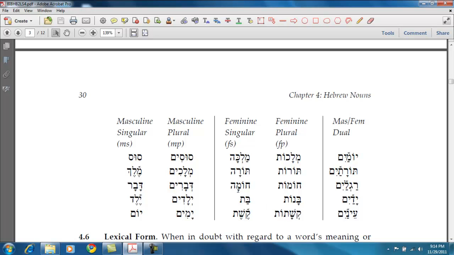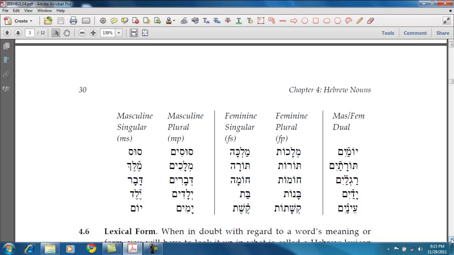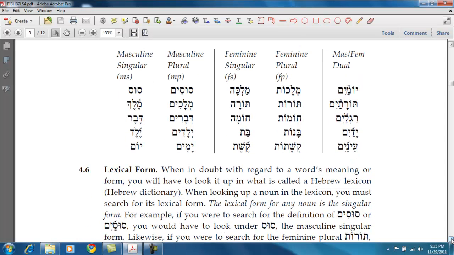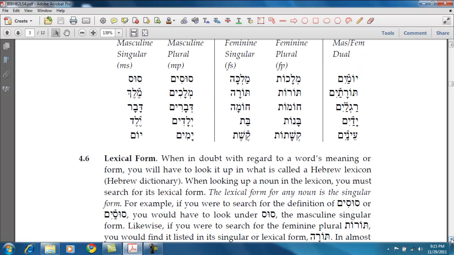Kametz he for feminine singular, or the et, the ut, or the at, the patach tav, can be feminine singular also. So just go over those paradigms and just keep going over them.